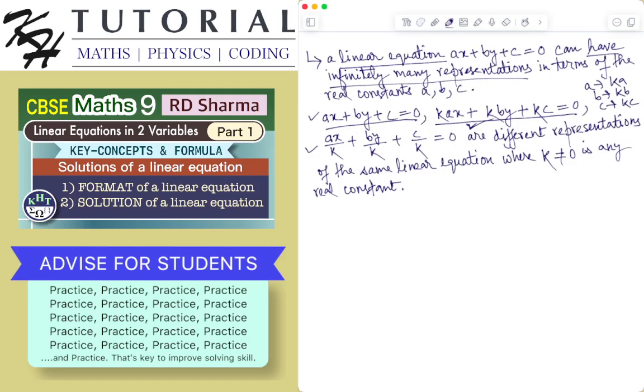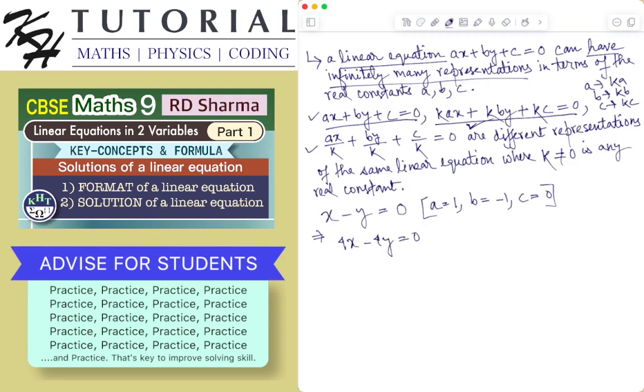I can change the values of a, b, and c in such a way that it will still remain the same linear equation. Let's take some examples. Let's say I have x minus y is equal to 0. So this is obviously a linear equation in x and y in the standard form, where a is 1, b is minus 1, and c is 0. Now, I can multiply both the sides by, let's say, 4, and I will have 4x minus 4y is equal to 0.